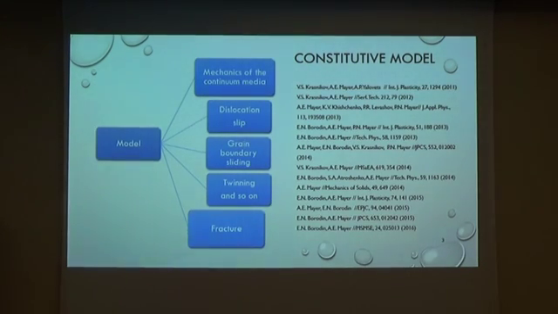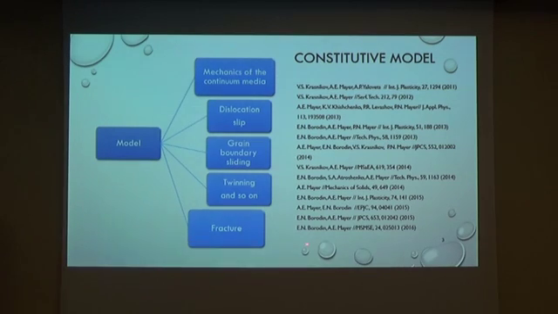Our model of plasticity and fracture consists of several parts. The central part is mechanics of continuous media, then a big part of plasticity models with different mechanisms of plasticity such as dislocation slip, grain boundary sliding, twinning, and so on.